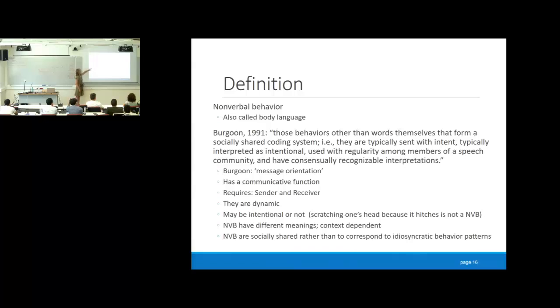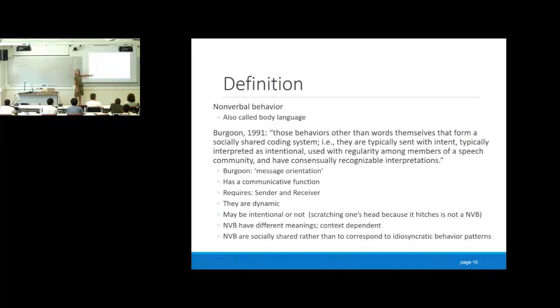So Bergen mentioned that nonverbal behavior is message oriented. It has a communicative function. It regards, of course, senders and receivers, and they are dynamic. They may be intentional, but we won't look at non-intentional behaviors, like scratching your head when you have an itch. The difficulty with nonverbal behaviors is that they have different meanings.